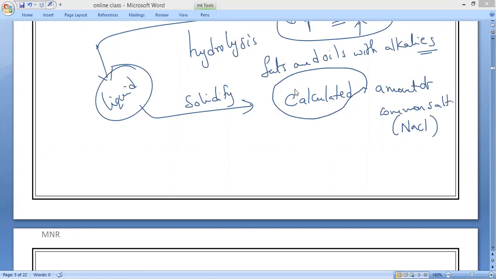The solubility of the soap is very fast, and when you use it, it wastes more. But take Lifebuoy: 100 grams of Lifebuoy soap and 100 grams of Mysore Sandal, definitely Lifebuoy will last one or two months longer. Why? Anybody can tell?